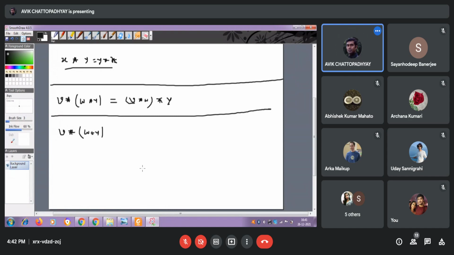This is summation. So after adding, convolving with a third signal, and that convolution we add. It's like this.